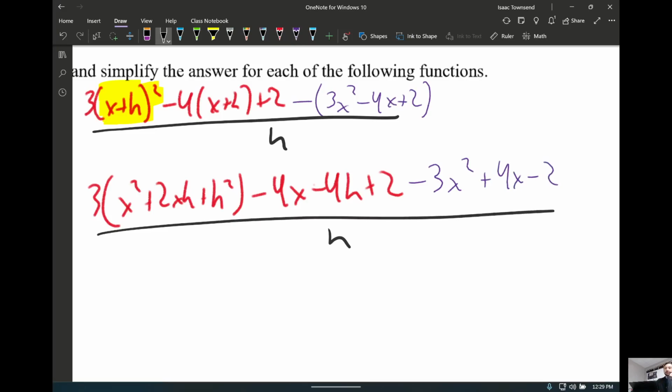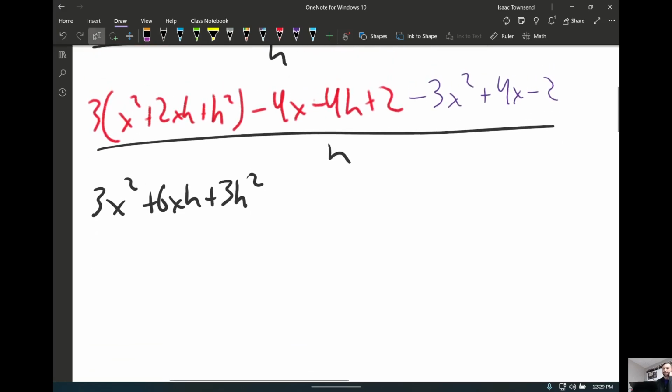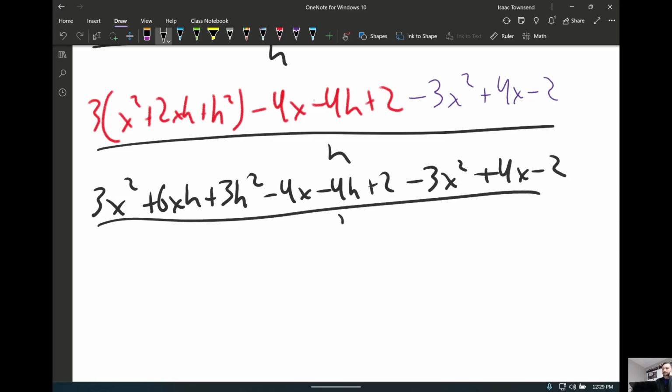Okay, and since I didn't distribute the 3 last time, now I'll distribute the 3. Okay, and I guess you could actually start combining like terms sooner if it drives you crazy that there's too many things up there, but you're going to have to redo it at the end anyway. There's going to be some new stuff.